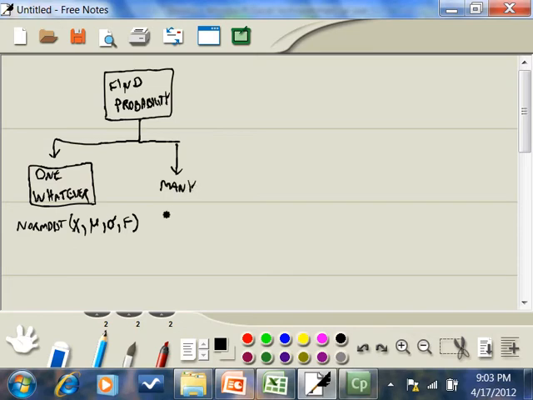Then we have another type that are many whatevers. Instead of talking about a single person or single book, we're talking about like 30 books, and we're finding the average number of pages. And this is going to be a normal.